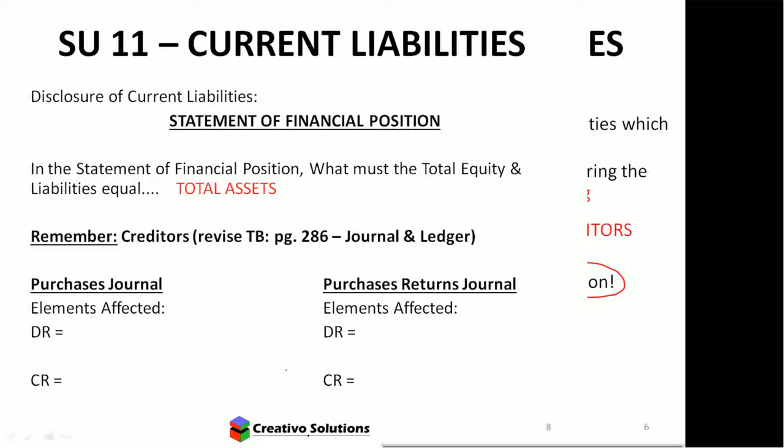Let's check your basics. Do you still know what accounting elements are going to be affected? In the purchaser's journal, what am I going to debit? What am I going to credit? Any idea?